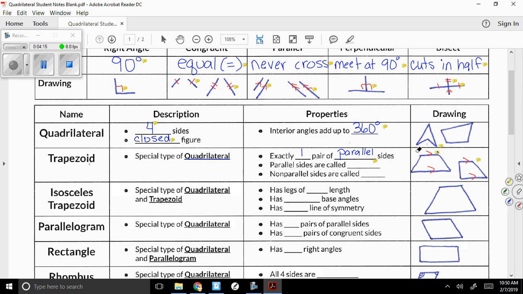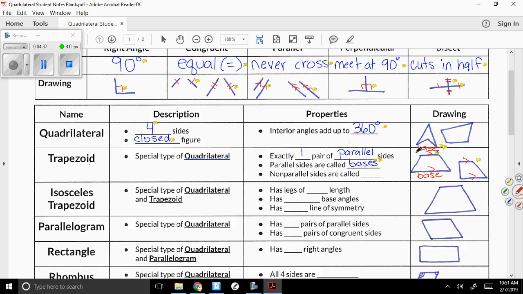All right. Another property of a trapezoid is that parallel sides are called bases. So those two sides that we marked, those could be marked as bases. So I'm just going to go ahead and label this on the top of that shape on the left. That's a base, and on the bottom is a base.